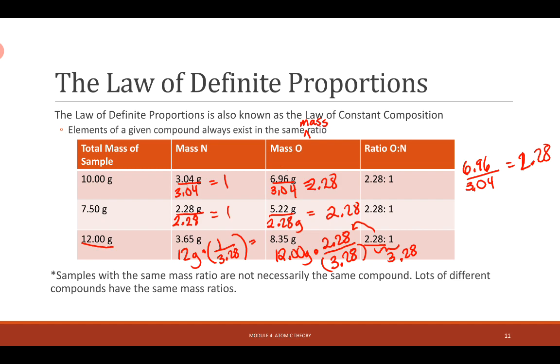Just double checking myself in the calculator. So if you actually work out the mass ratios, this isn't exactly 2.28 from the earlier one. So always use the unrounded numbers whenever you have them.